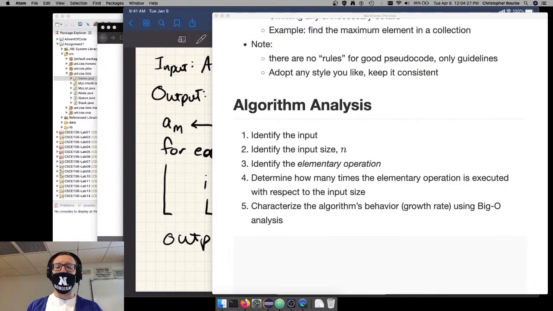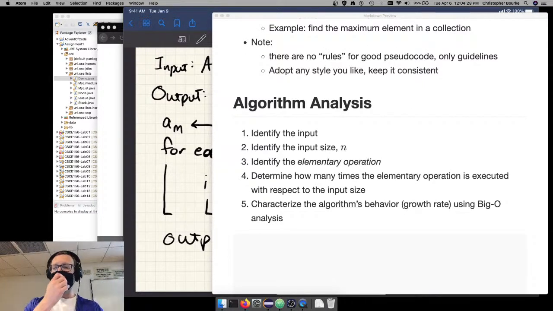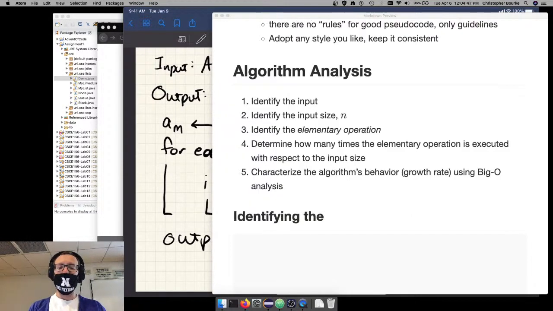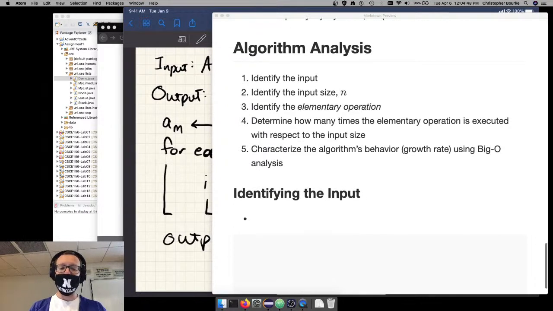And like I said, a lot of folks tend to focus just on step 5, and overly focus on step 5. The other 4 steps are just as important, including the first step, the easiest step of identifying the input, or the input size.